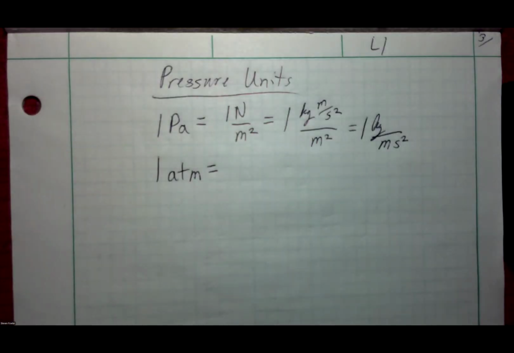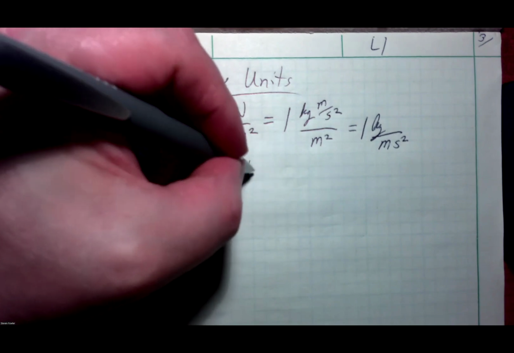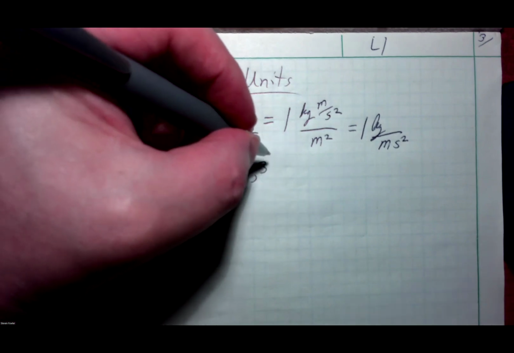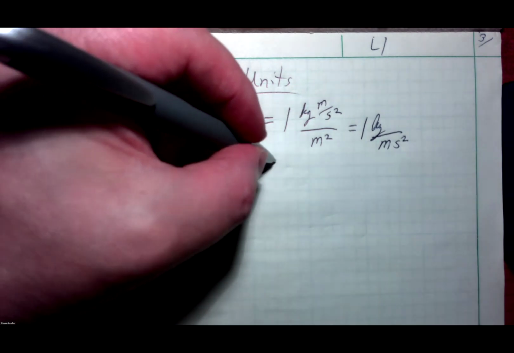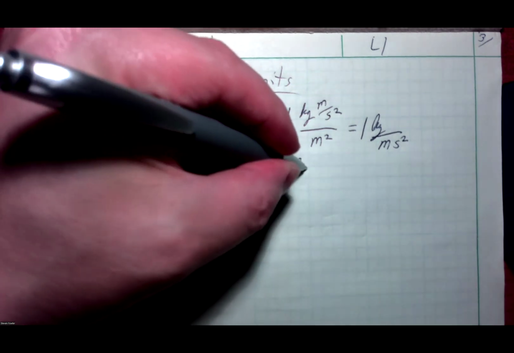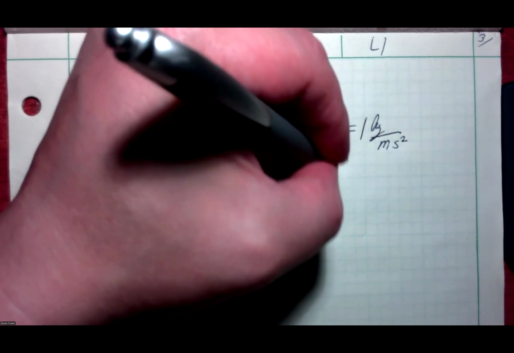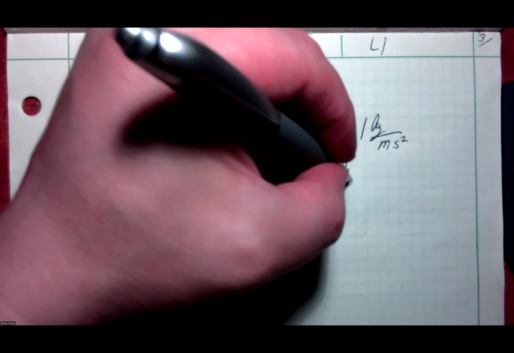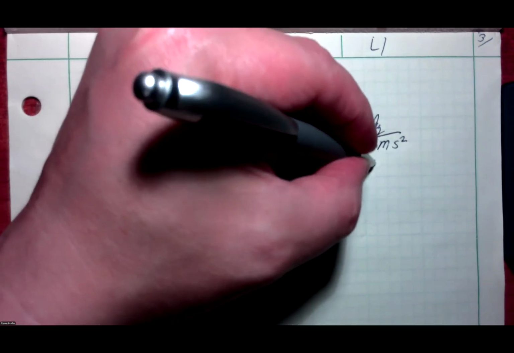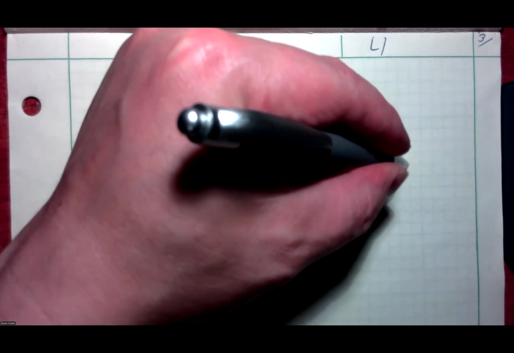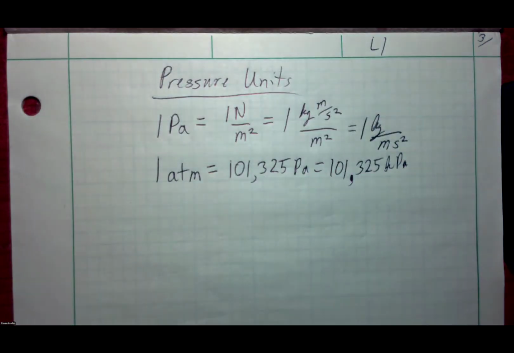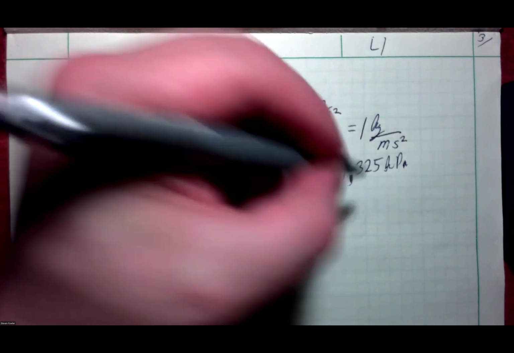I know you can't see that very well, but 1 atmosphere is 101,325 Pascals, or 101.325 kilopascals. So it's a natural number. It's not an exact number.